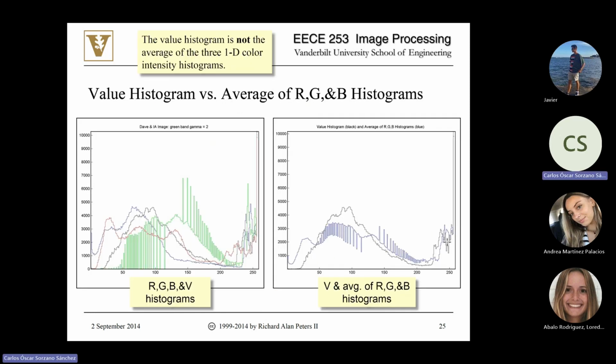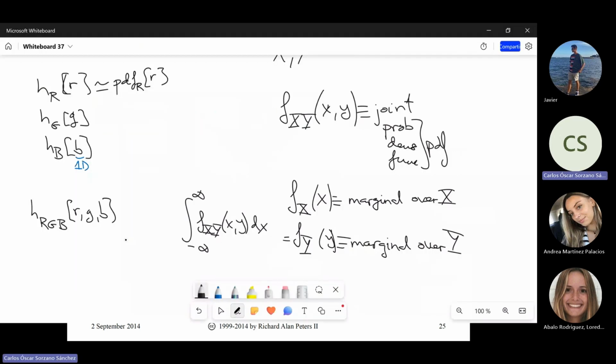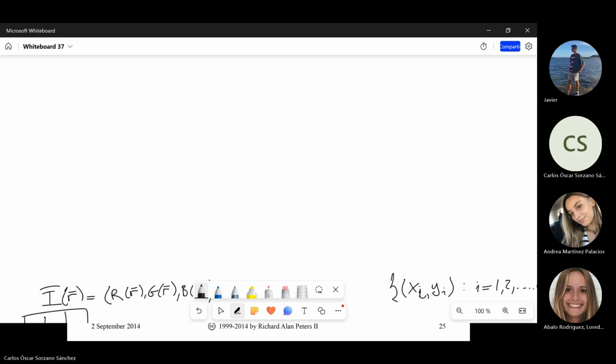Okay, there is something interesting about the value histogram. The value is the average of RGB, so we can pose the following question. The value at a given point is the average of RGB, and then we can compute the histogram of the value.